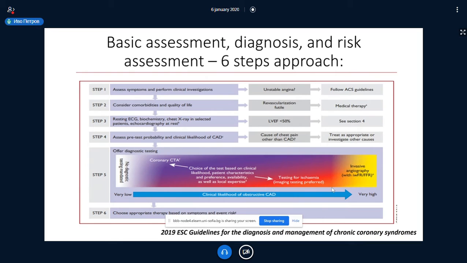As a second step, we have to consider several comorbidities and quality of life, like thyrotoxicosis, like pregnancy, like anemia, like, for example, bleeding, other types of anemia. So we have to discard precipitating causes for this clinical situation.